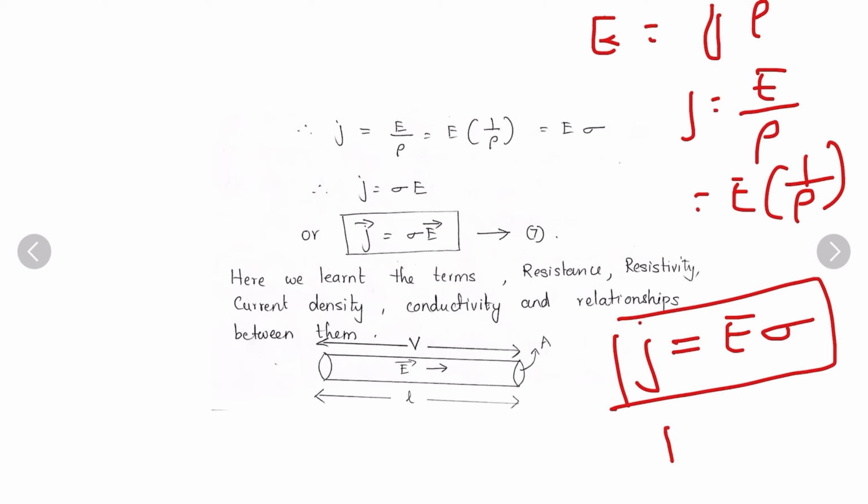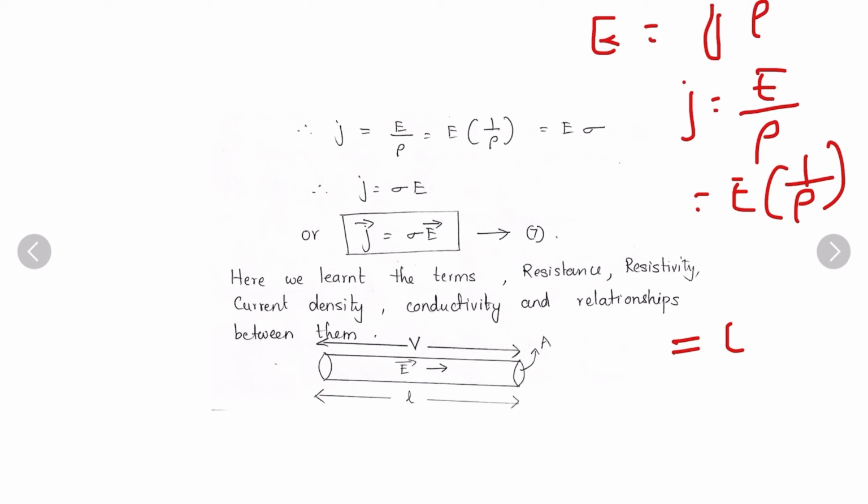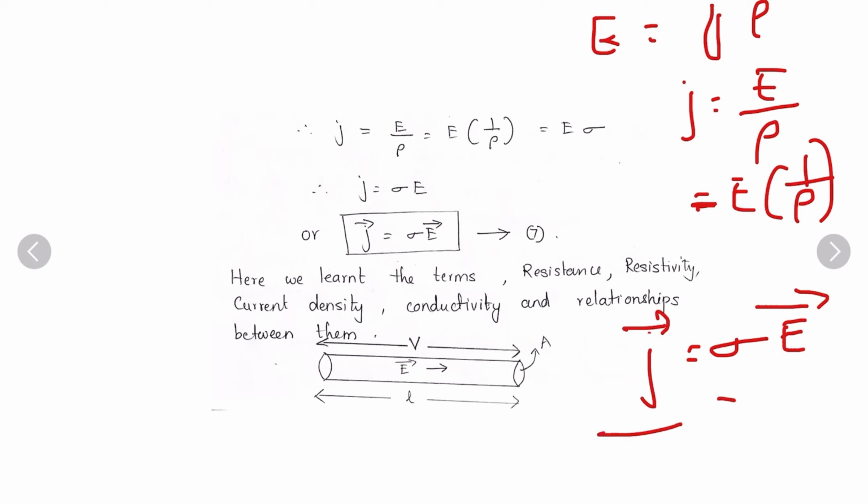We can write it in vectorial form, J bar is equal to sigma into E bar, because J is a vector and electric field is also a vector. This is the relationship between current density, conductivity and electric field.